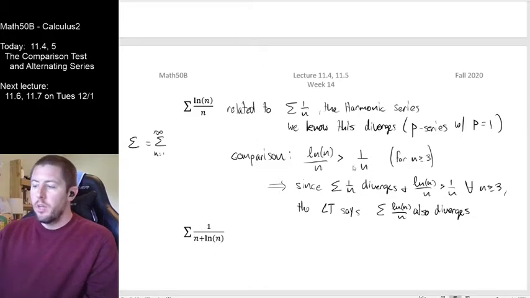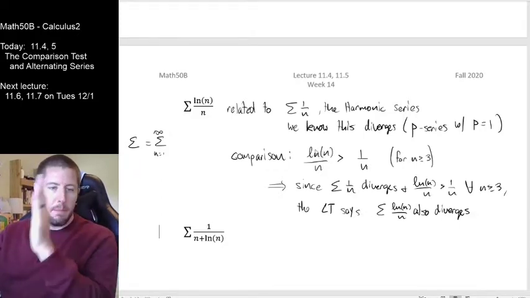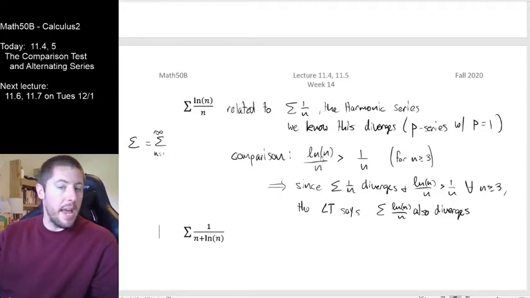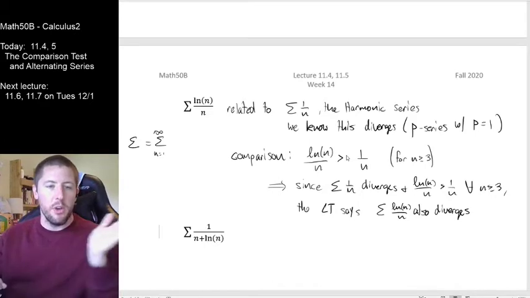Last thing to notice real quick here: when I make my less than, greater than comparison, I'm not making a comparison of the sums. I'm making a term by term comparison. I'm saying, hey, if you were to go check out the 47th term, what's the relationship? What I can see here is that for all the infinite number of terms at the third one and beyond, all of the ln n over n terms are bigger than the 1 over n term at its corresponding location in the series.